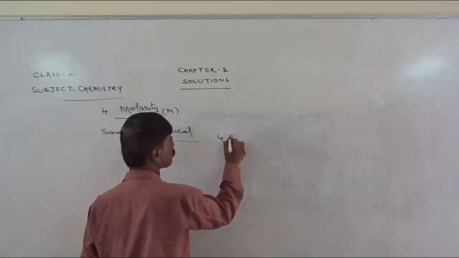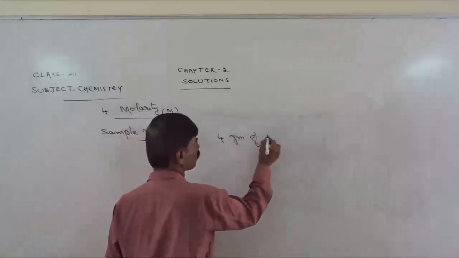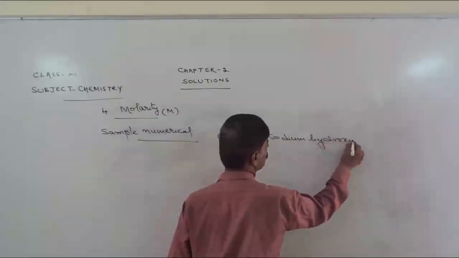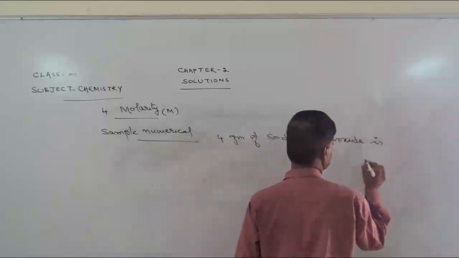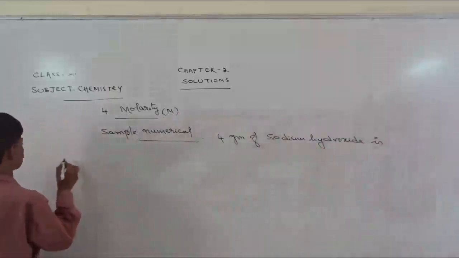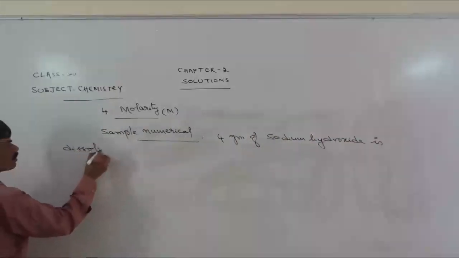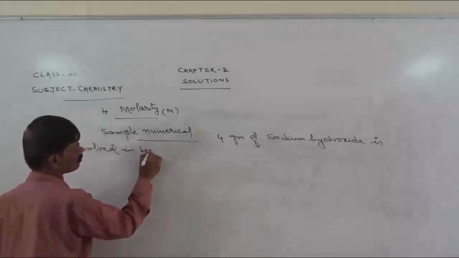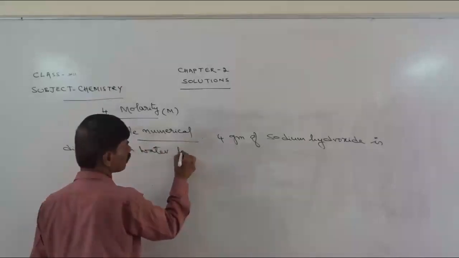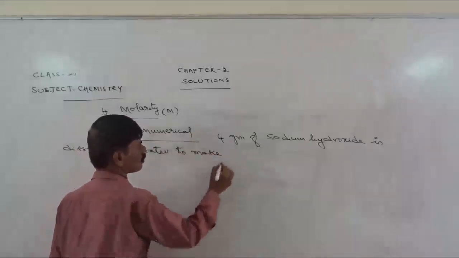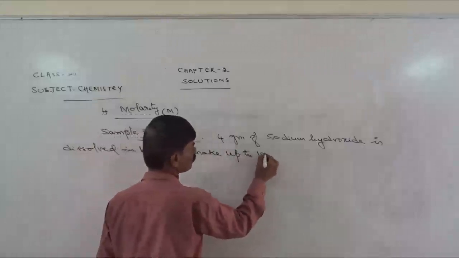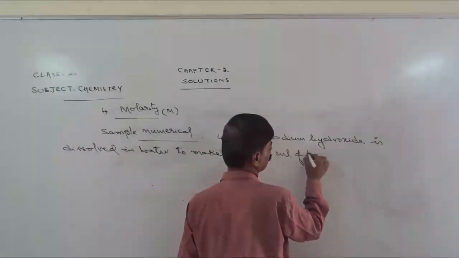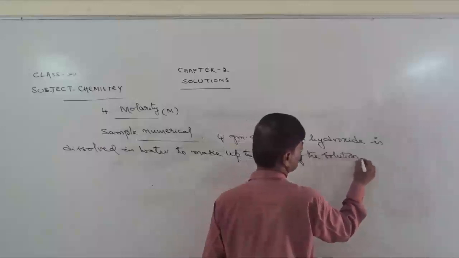Four grams of caustic soda or sodium hydroxide is dissolved in water to make up to 100 ml of the solution.